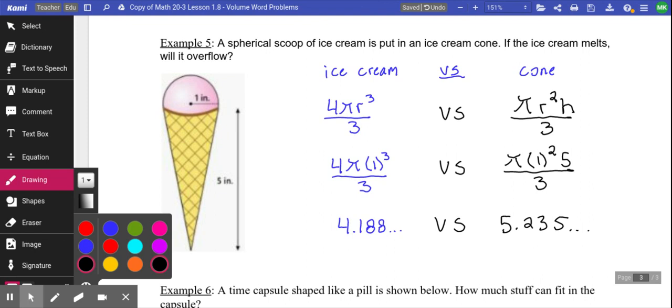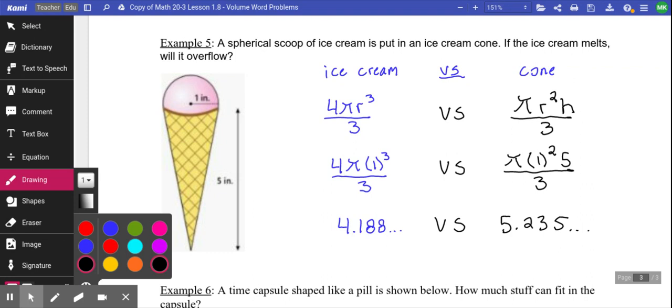So when you compare that, you've got your sphere, your ice cream, and you've got your cone. That completely melts and fills up that cone. Will it spill over the top or will you still have room? Well, it's just depending on how much space there is in the cone compared to the ice cream. So if you have more space in the cone, you should theoretically be safe.